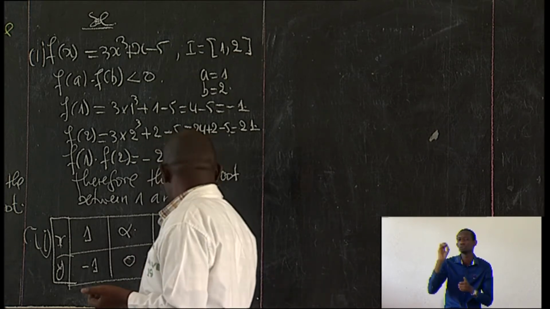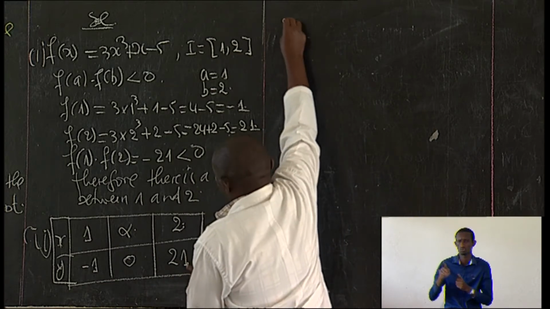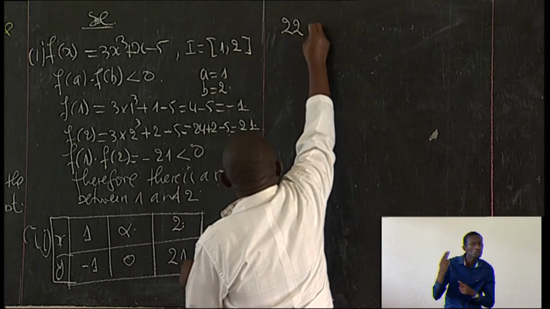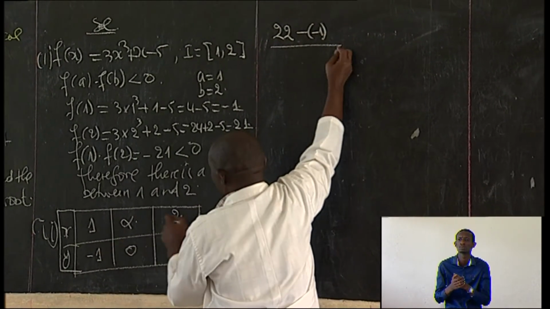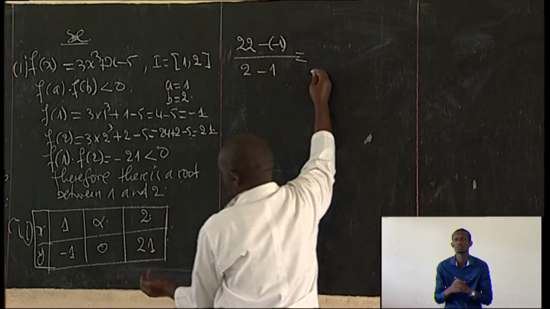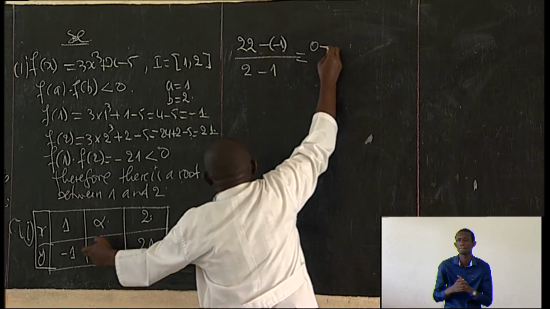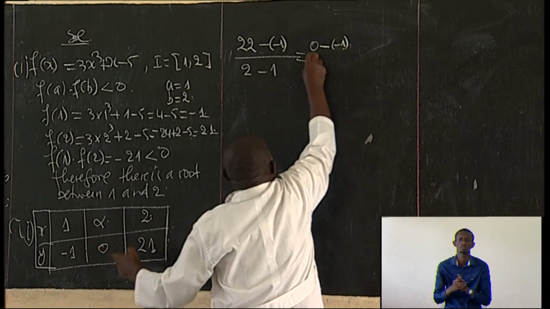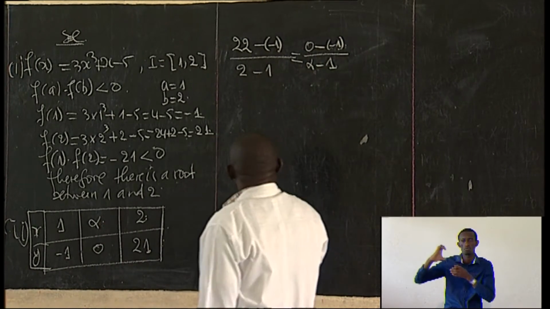So using linear interpolation, I'll be having 21 minus negative 1 divided by 2 minus 1 is equal to 0 minus negative 1 divided by alpha minus 1.